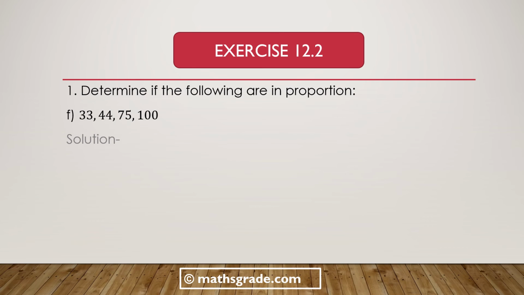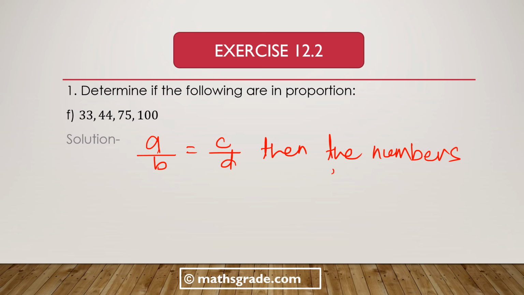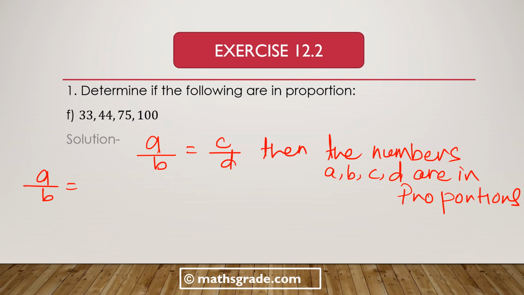Thirty-three, 44, 75 and 100, these numbers are in proportion or not, we have to check. If A divided by B is equal to C divided by D, then the numbers A, B, C, D are in proportion. A divided by B is 33 divided by 44.